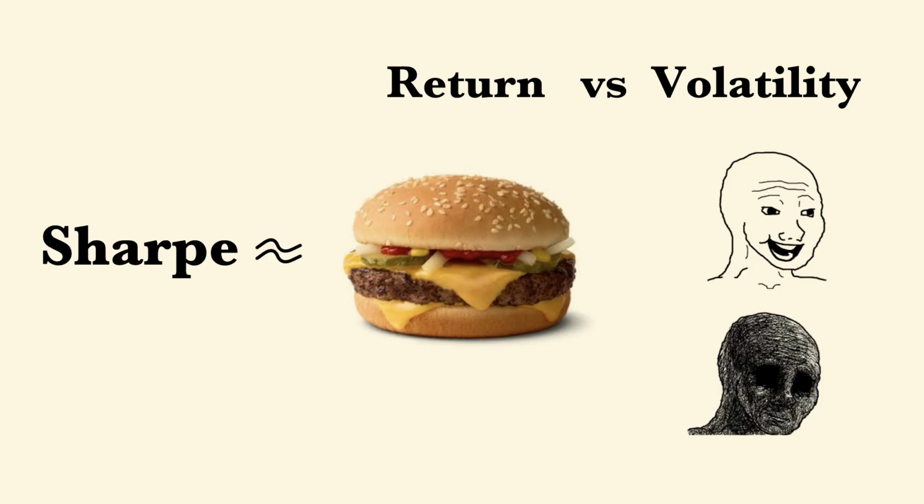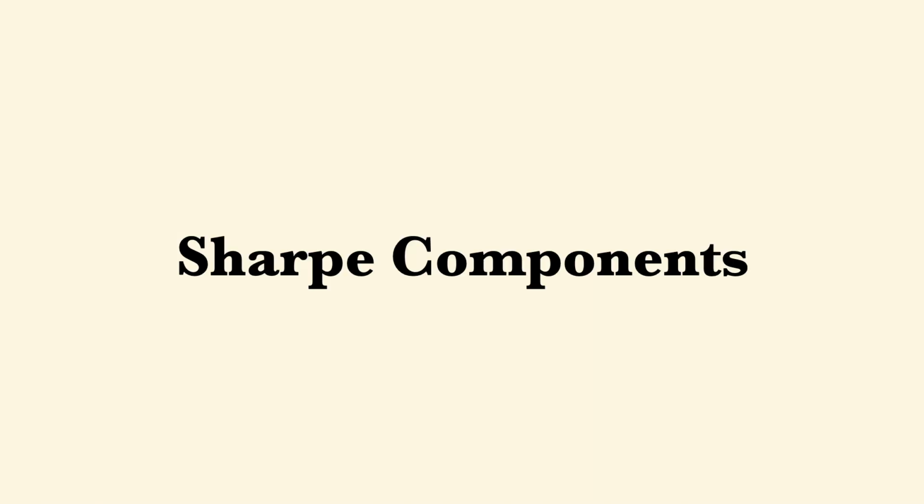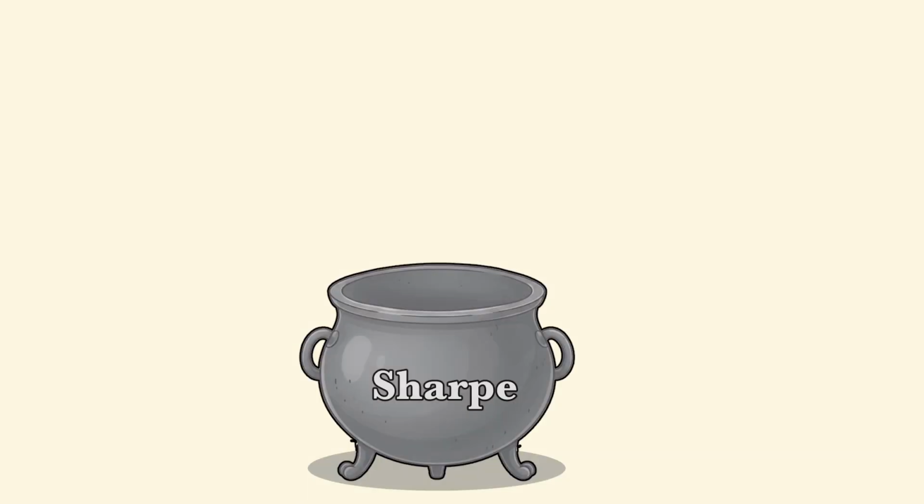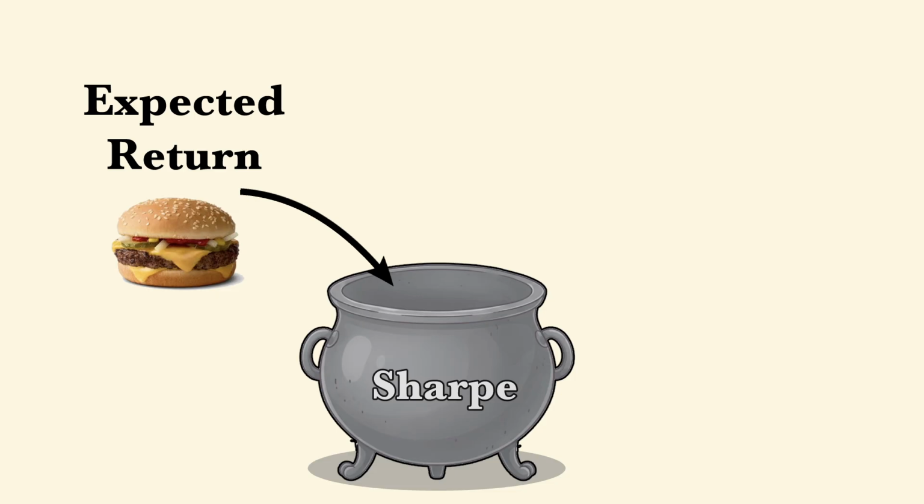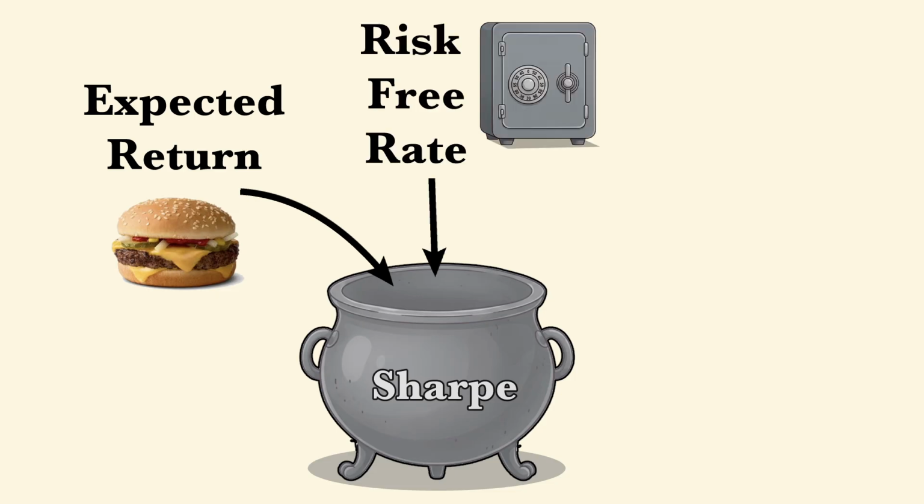Because of that, it has become a widely used metric. To compute Sharpe, you need three things. First, you need the average return of the asset. This represents the reward it has generated over time and serves as an estimate of its expected return. Second, you need a risk-free rate. This acts as a baseline, the return you could have earned without taking meaningful risk, typically proxied by a short-term government interest rate.